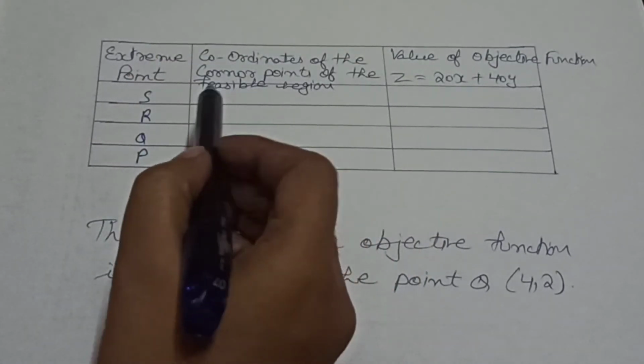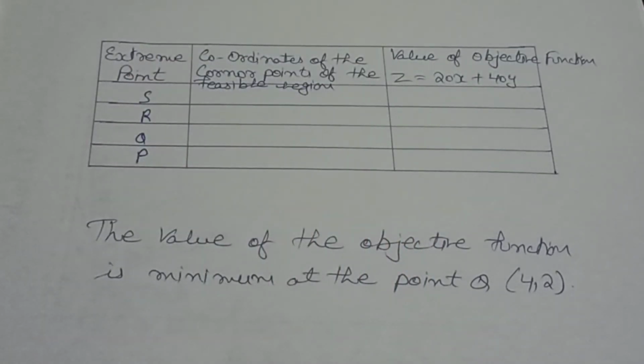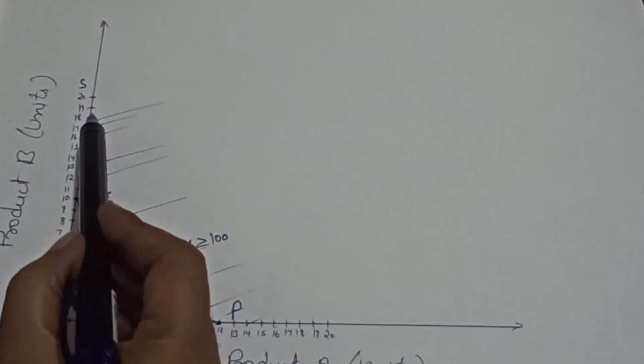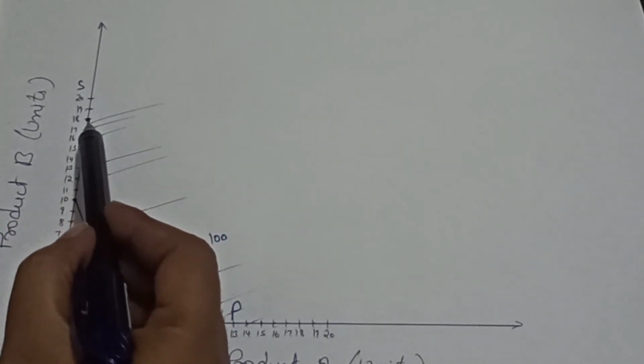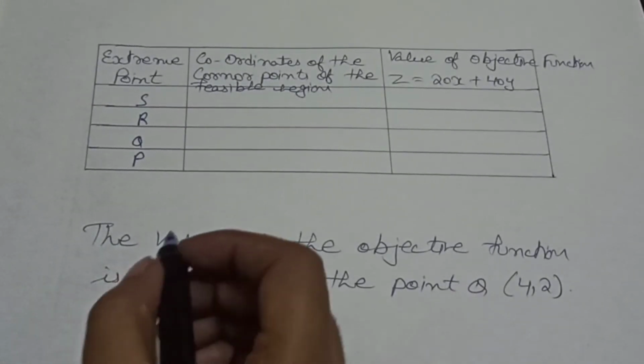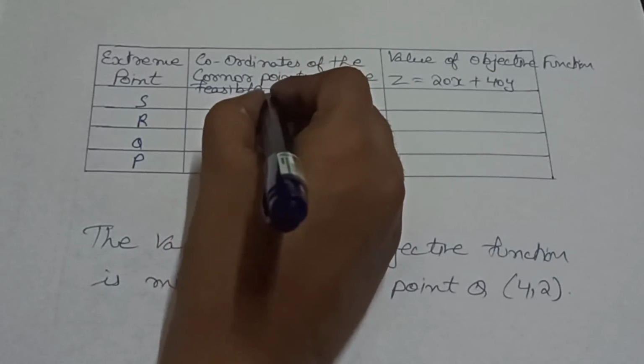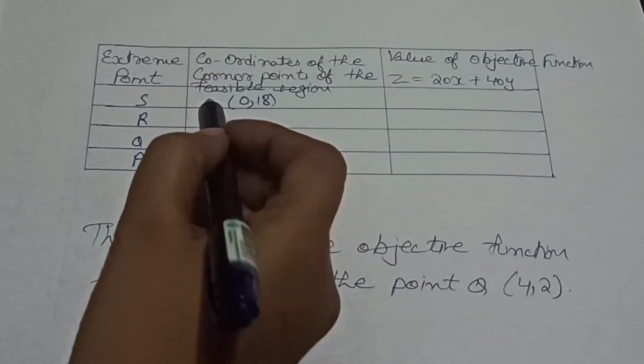Now we will find the points. For point S, the point is 0 and 18. Y is 18 and x is 0. So we will write here like this, 0, 18.